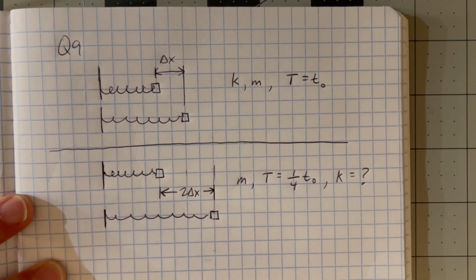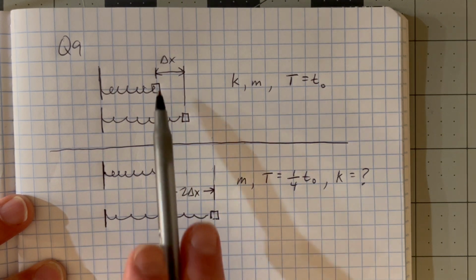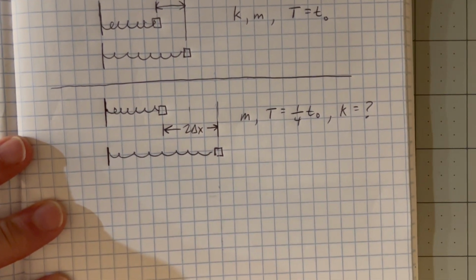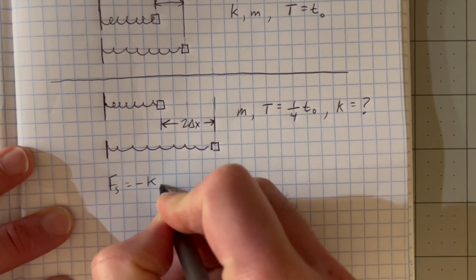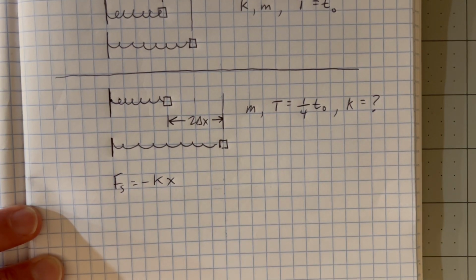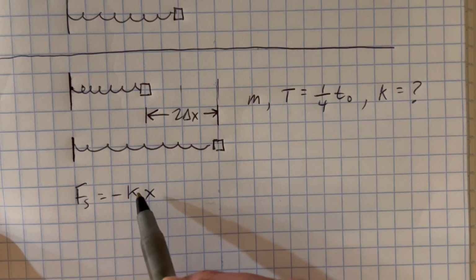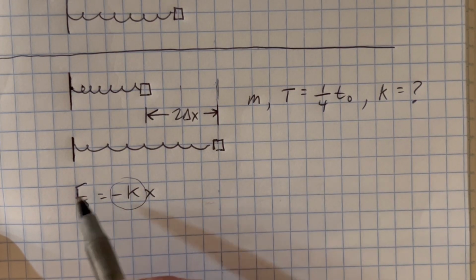So some of you might be questioning, like, what about delta x? Does that matter? Well, let's take a look. So there is Hooke's law, Fs equals negative Kx, right? Which we could investigate. So we would be solving for K in terms of X in Fs.